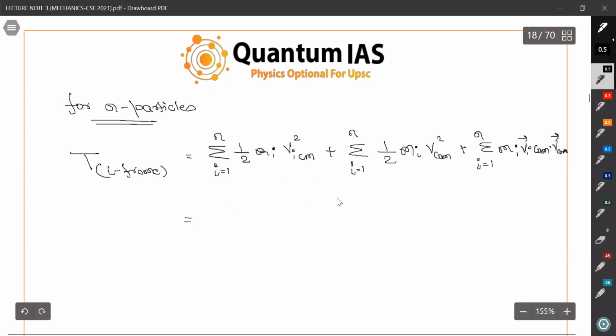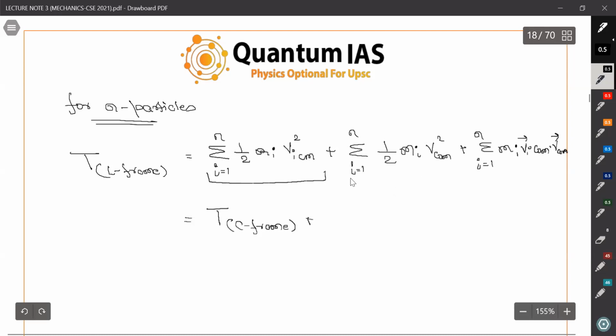So what is this term, half mi vi cm whole square? This is the kinetic energy with respect to the center of mass, the C frame.